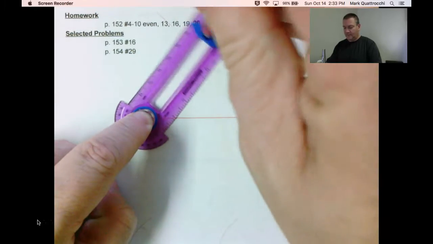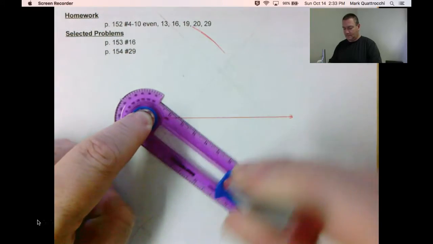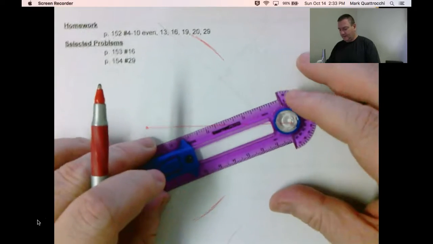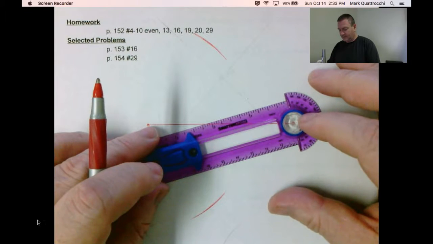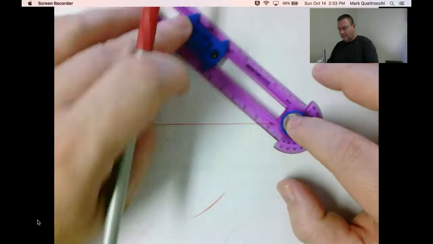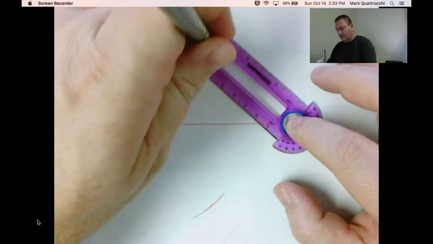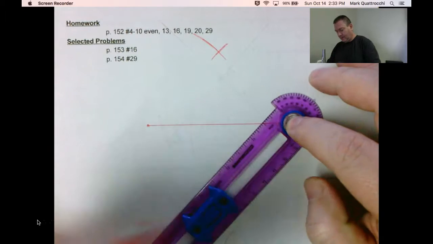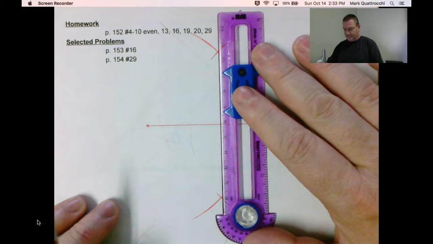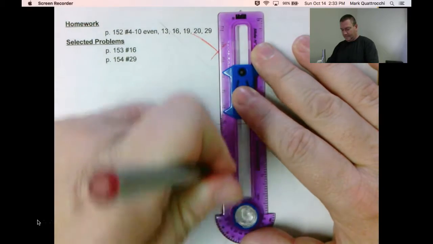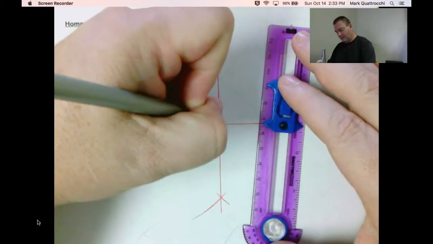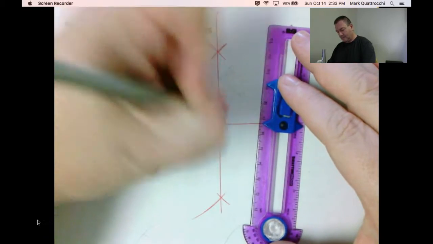Draw my two arcs. 1, 2. Put it around, keeping the same radius, for my third and fourth arc. Connect them. And we have a right angle.